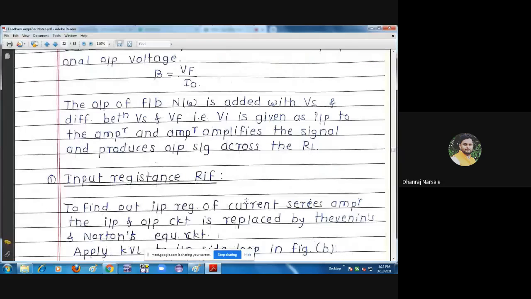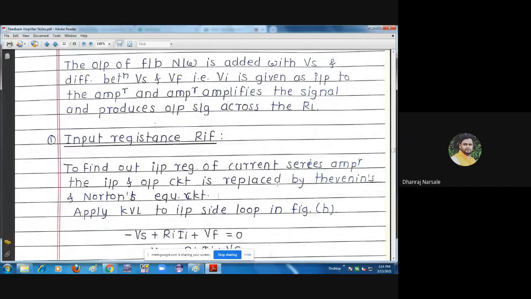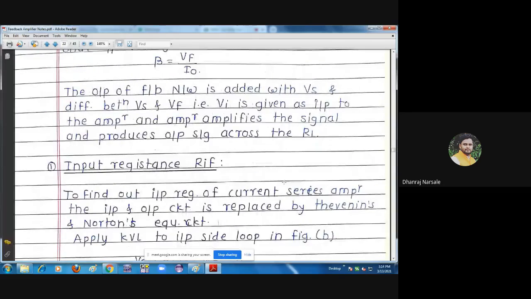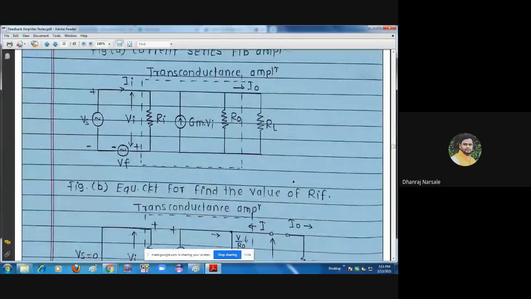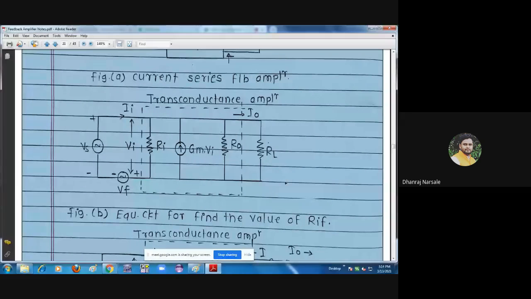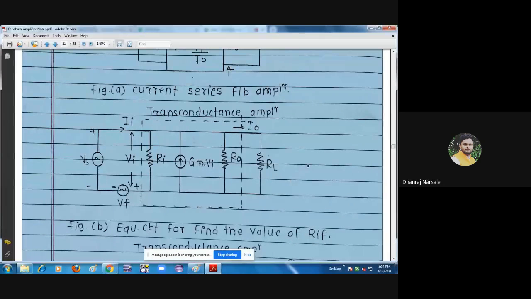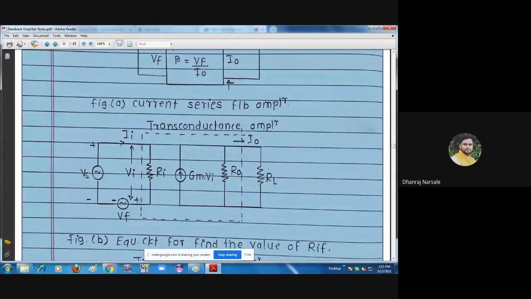Input resistance of our current series feedback amplifier, that is RIF. This is the diagram for the input resistance of the current series feedback amplifier. To find the input resistance of the current series feedback amplifier, first of all we have to apply KVL, Kirchhoff's voltage law, for the input side loop.